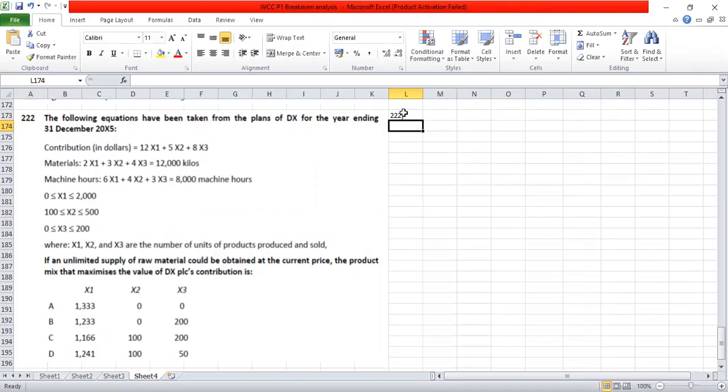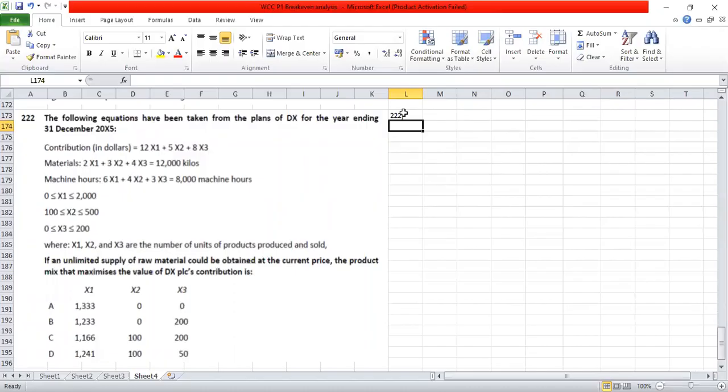The following equations have been taken from the plans of DX for the year ending 31st December 20x5. Contribution is given as 12x1 plus 5x2 plus 8x3, which means that there are three variables.